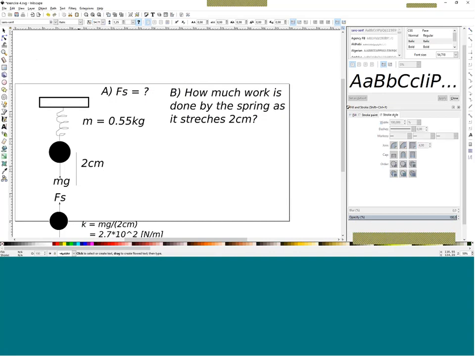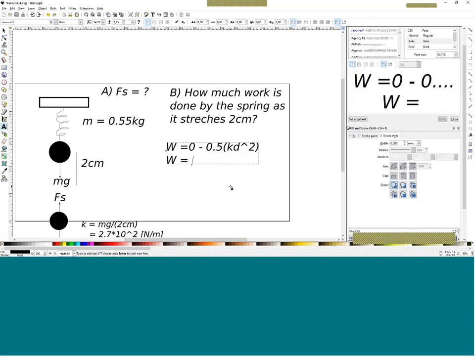I'll simply say that the work done from that graphical representation, which is my null point, minus 0.5 times k times the distance squared. And if you've done it this way, you'll find that the work is equal to what k is, which we determined to be 2.7 times 10 to the power of 7.